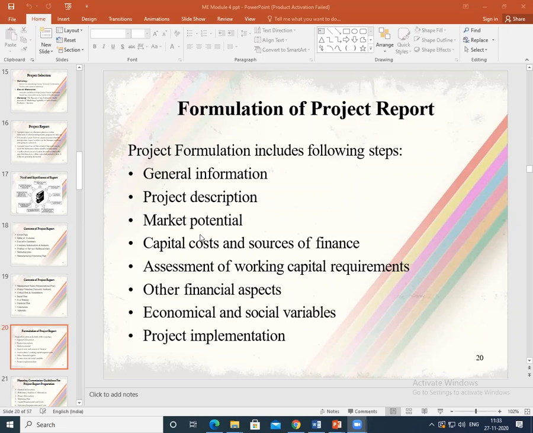Then coming to market potential, it basically deals with the competitors and the strategies that are going to be implemented in order to deal with them. Next is the capital cost and source of finance.